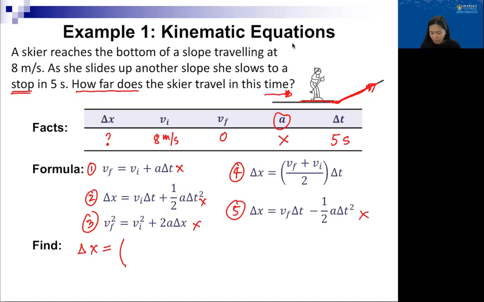You have VF is 0 plus VI is 8, divided by 2, times the time 5. Plugging all the numbers into the calculator, you should get 20 meters.